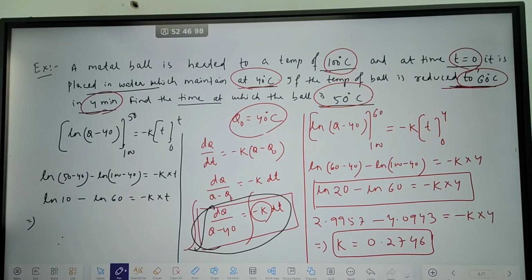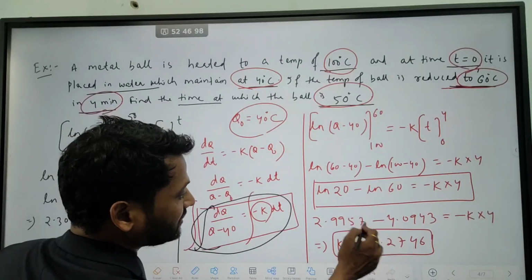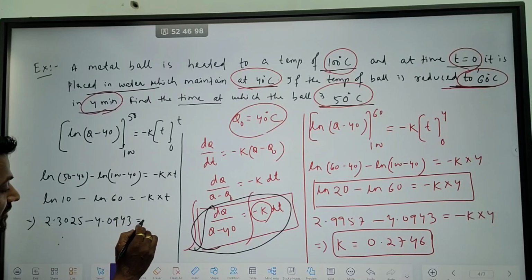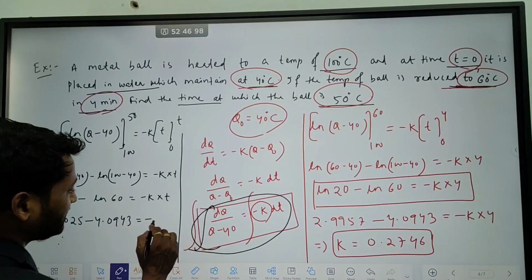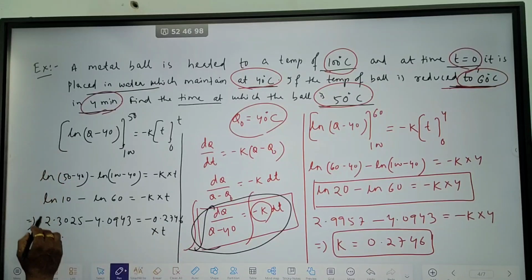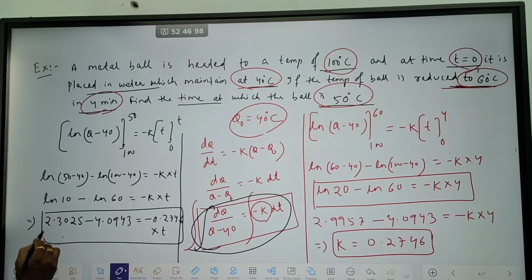Now use the calculator: ln 10 is 2.3025. 2.3025 minus ln 60, which we already got as 4.0943, equals -k, which is 0.2746, into t. Now you can solve this equation and you can get the answer. Time is coming 6.5 minutes.